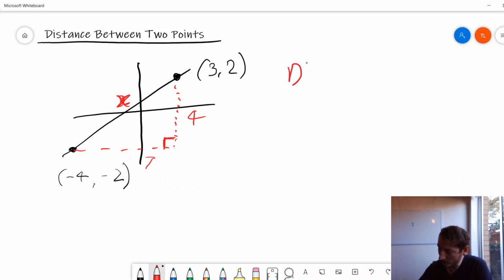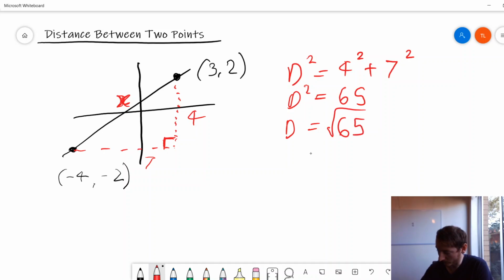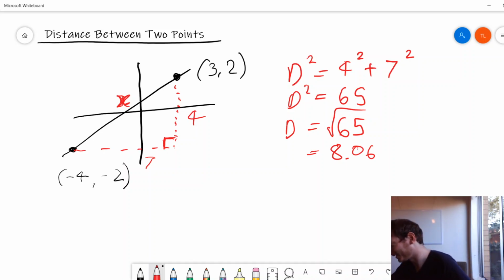The distance squared equals 4 squared plus 7 squared, which is 65. So the distance between them is the square root of 65, which will be about 8.06 at a guess. I do have a calculator, let's use it. 8.06. So what we need to do then is work out a way of formalizing it.